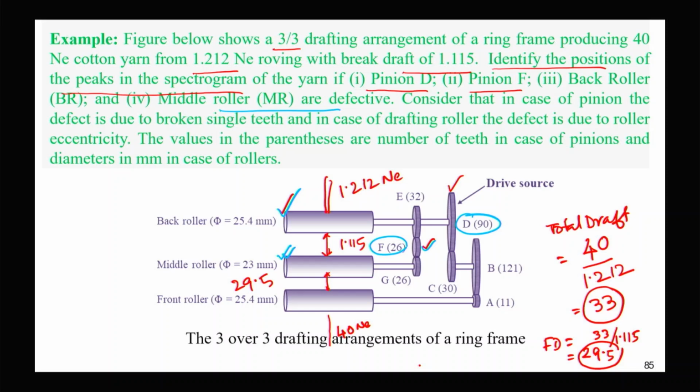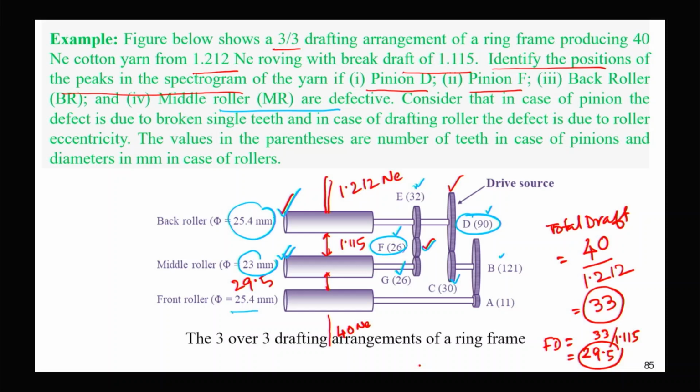And here the values in the parentheses are the number of teeth in the particular pinion, and in case of roller, these are the diameters. So for the back roller diameter is 25.4, middle roller 23 and front roller 25.4. So 3/3 drafting arrangement.